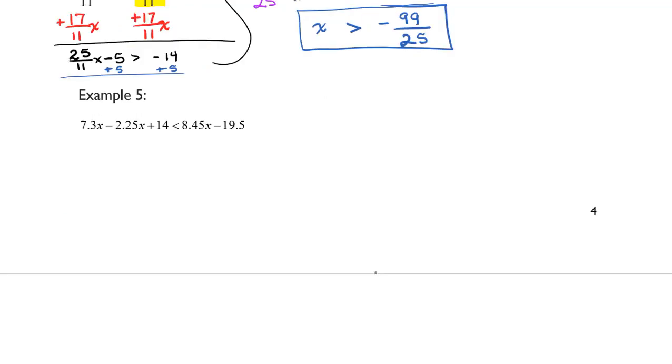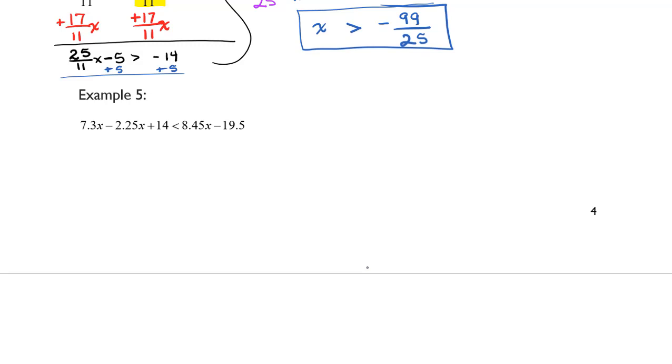Let's take a look at example 5. We have 7.3x minus 2.25x plus 14 is less than 8.45x minus 19.5. And as you can see, these are all decimals, so we will answer the inequality as a decimal if it doesn't come out as a nice whole integer.